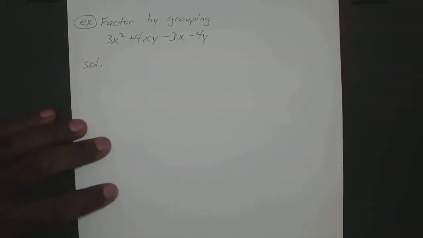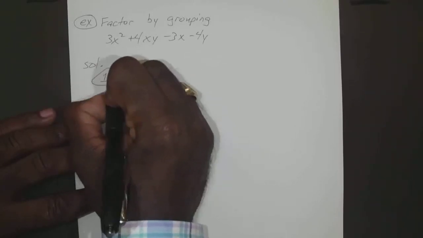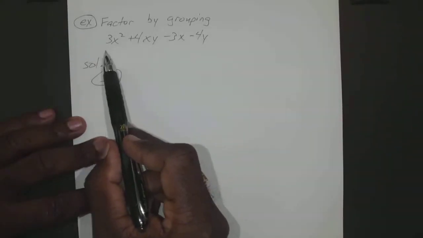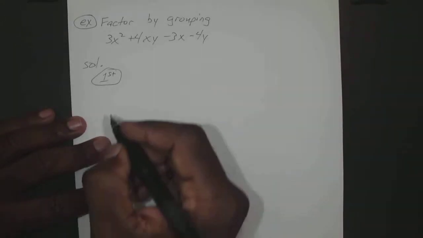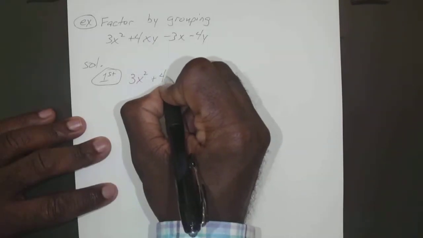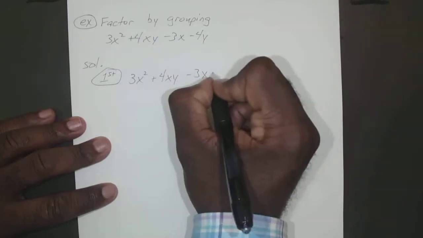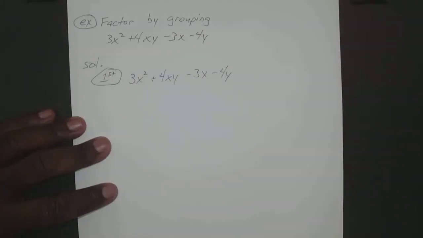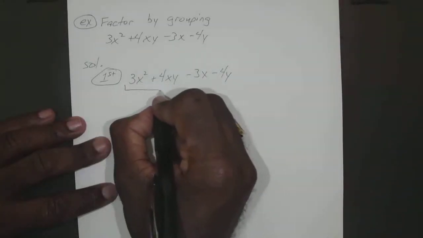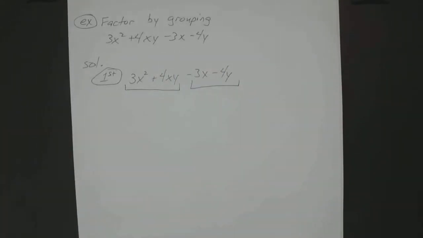Okay, so if you remember your first step, you're going to break those down into two smaller groups. So 3x squared plus 4xy minus 3x minus 4y. I'm going to break that down to two smaller groups. Okay.